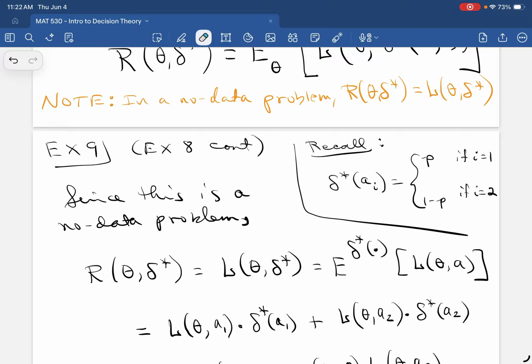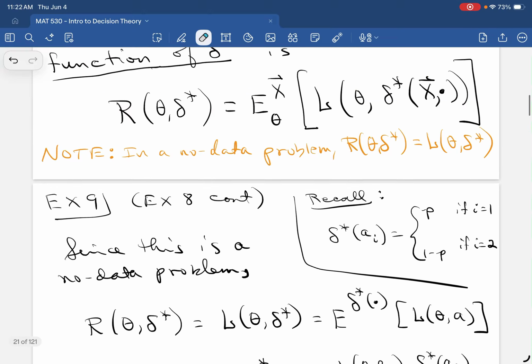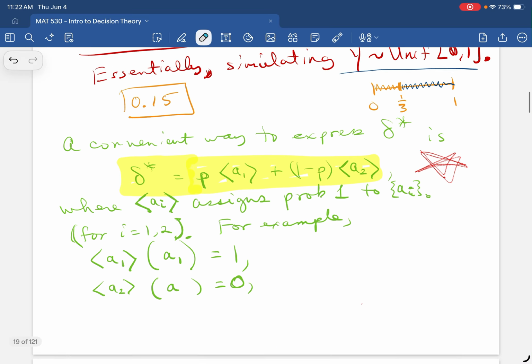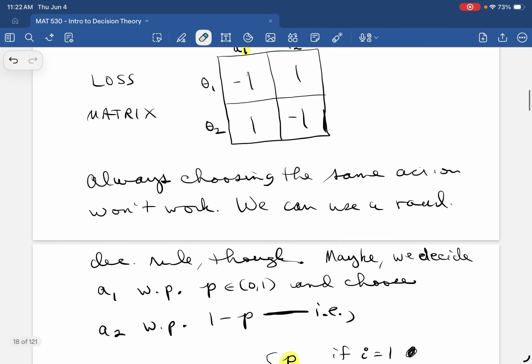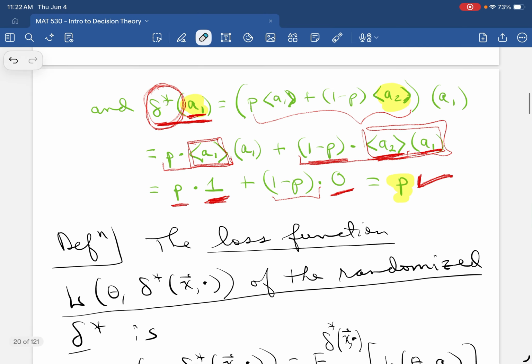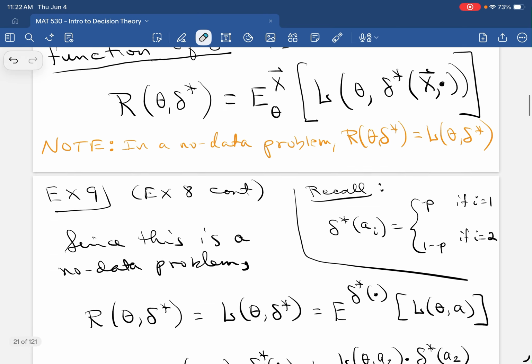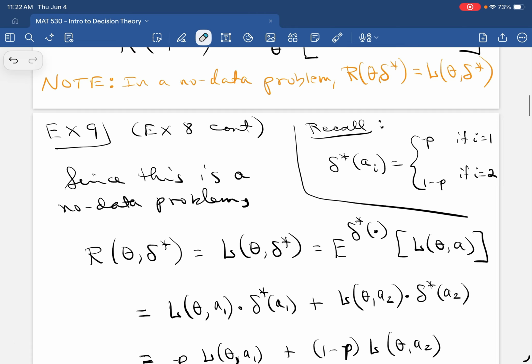Okay, so now let's think about how we're going to evaluate this expectation. Remember we had our loss matrix before. Just to recall, there's our loss matrix. Since we're taking the expectation with respect to the actions, and we only have two actions, the PMF essentially is what this is, since we just have A1 and A2.